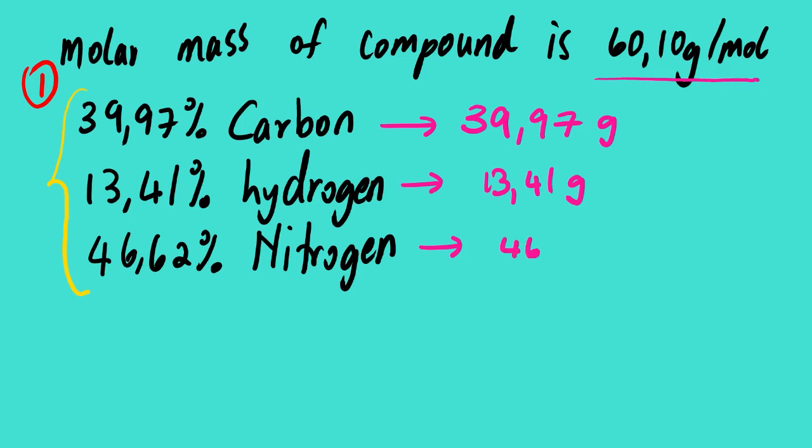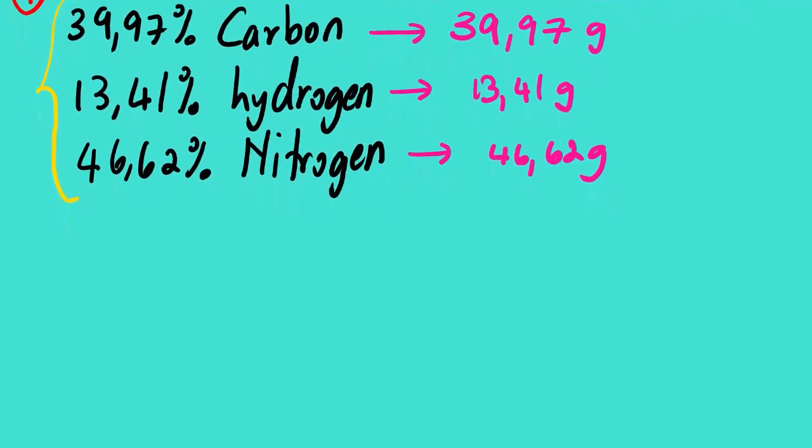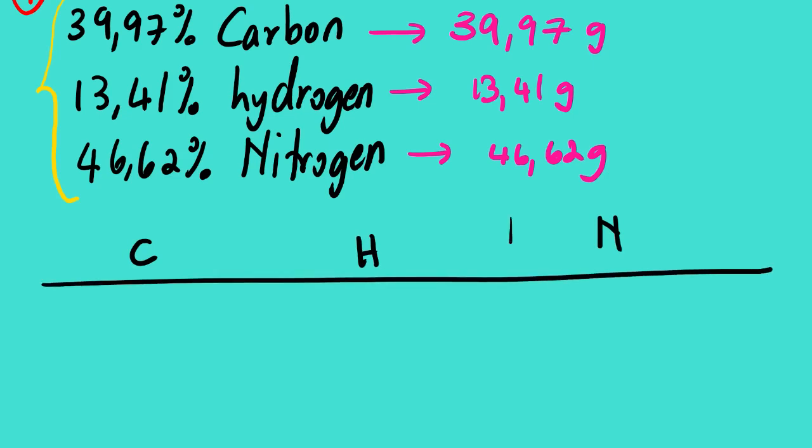Then we have 46.62 grams of nitrogen. Then from here we can calculate the number of moles, so the equation is n equals m over M.